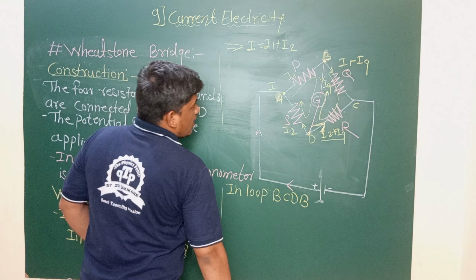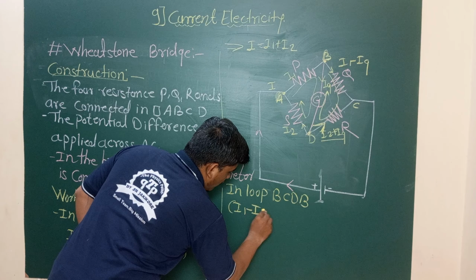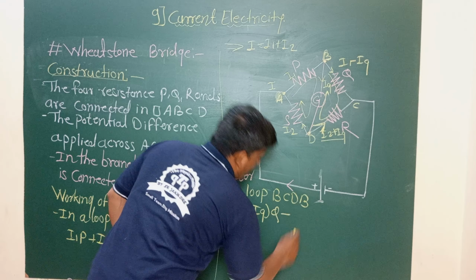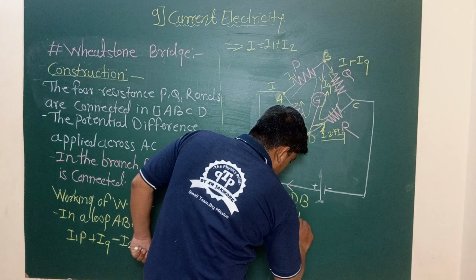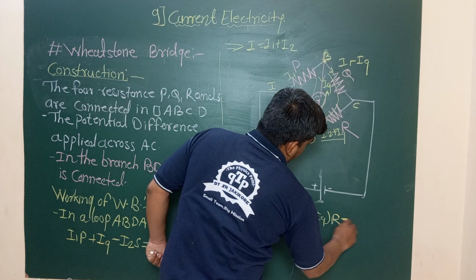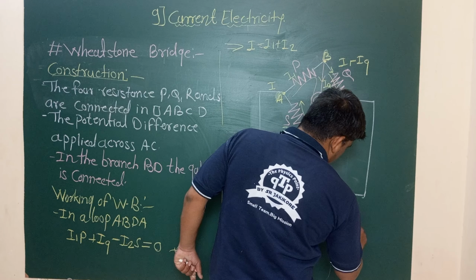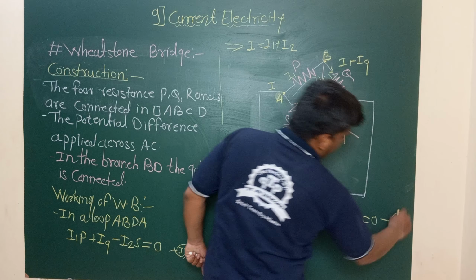That means I1 minus Ig into Q minus I2 plus Ig into R minus Ig is equal to 0. This is equation number 2.